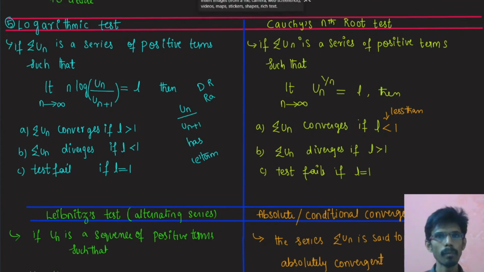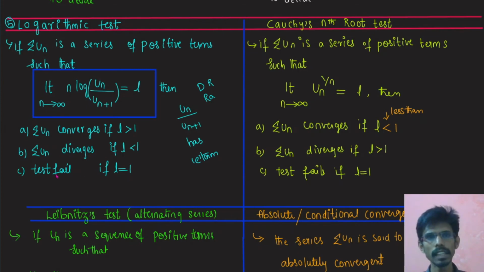If the limit n tends to infinity, n into log (un by un plus 1) is finite, L greater than 1, then converges, L less than 1 diverges, L equal to 1, the test will fail to say anything about convergence or divergence.